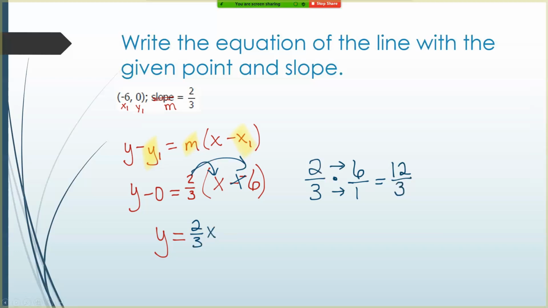And then can I reduce 12/3? Yes. 12 divided by 3 is just 4. So when I distribute that 2/3 times 6, it actually just becomes +4. And this right here is my answer. So that's the equation of a line that goes through the point -6, 0 and has a slope of 2/3.